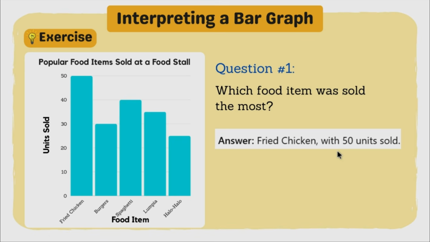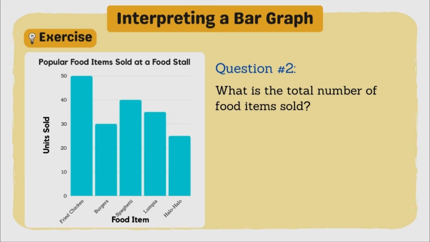Okay, next, let's proceed sa atin pong question number 2. What is the total number of food items sold? Okay, so ang tinatanong po dito is yung total na nabenta. Okay, we have here this fried chicken, which is 50, burgers is 30, spaghetti 40, and then lumpia, gitna po ng 30 tsaka 40.